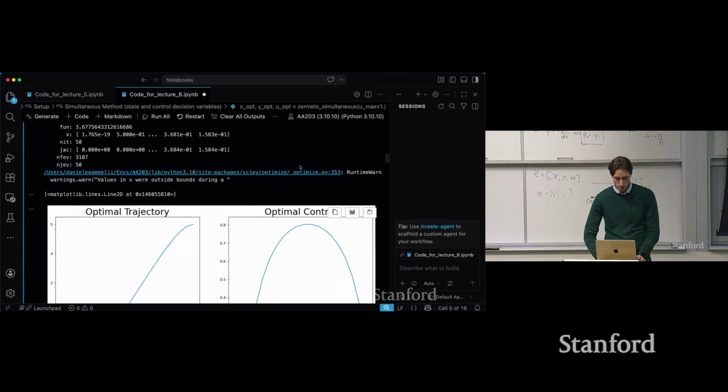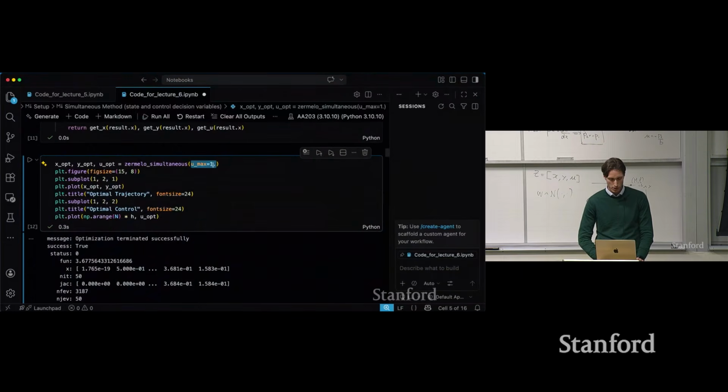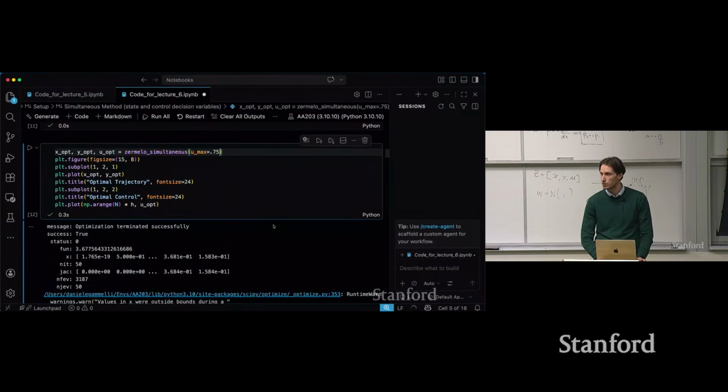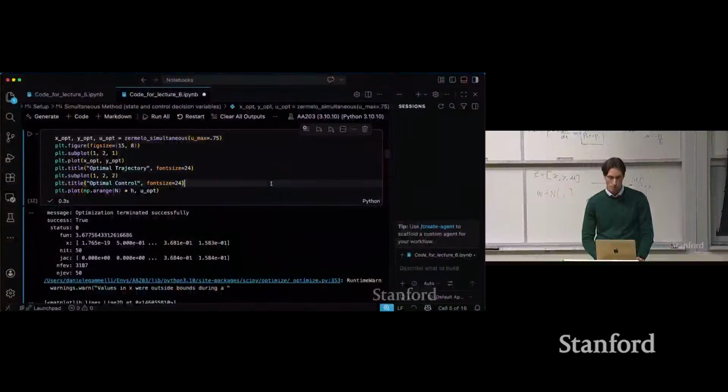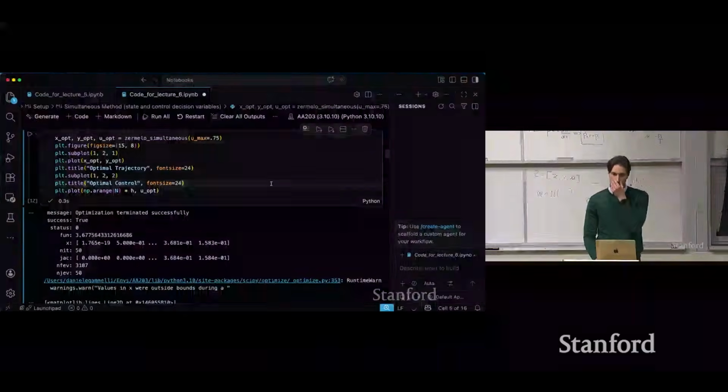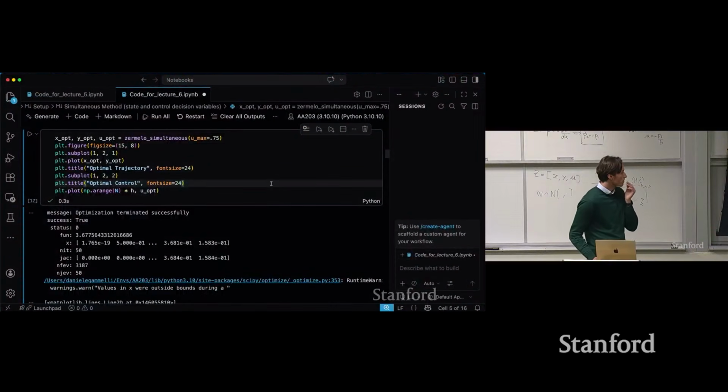So let's try to rerun this, but now taking a slightly more restrictive Umax, which is 0.75, which if you note is slightly below our current optimal control profile. Is this the 0.75 now? Yes, so u for us is the angle, and so we are indeed assuming, yeah.